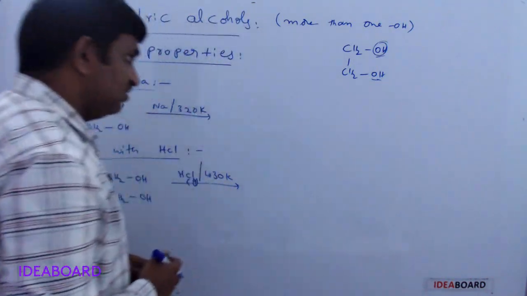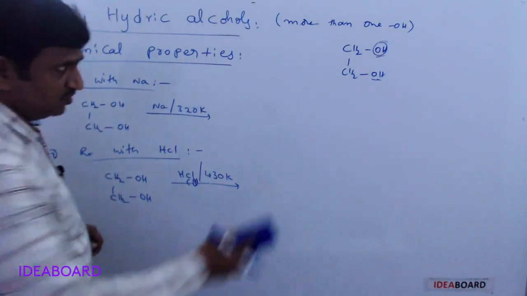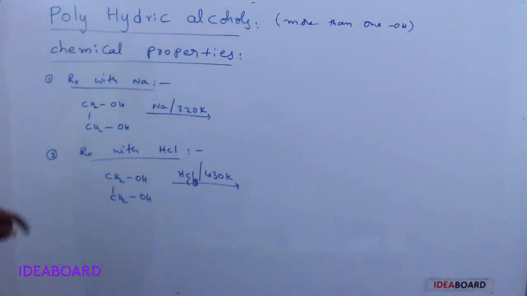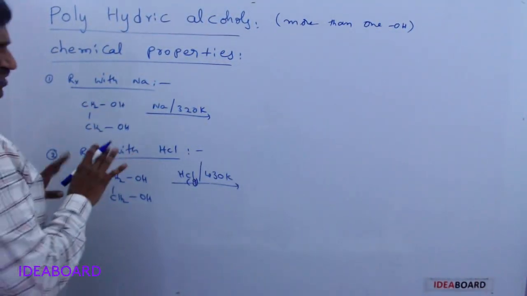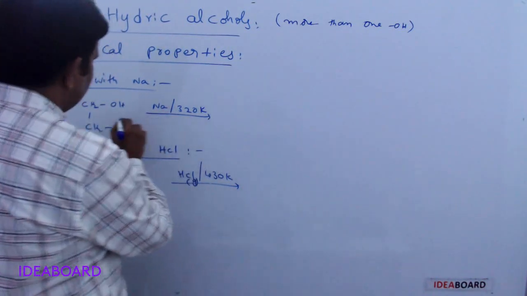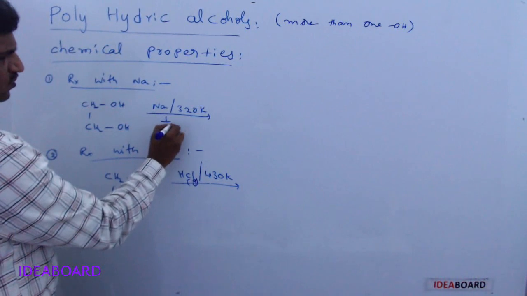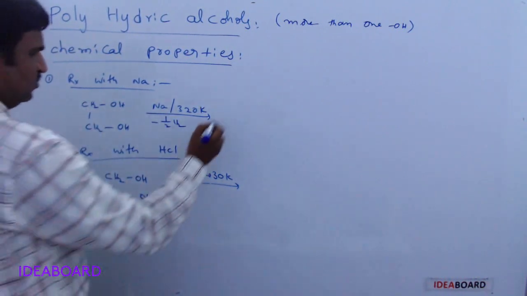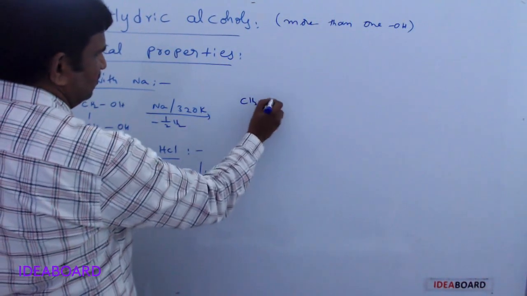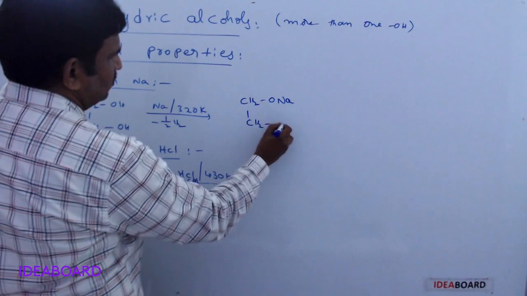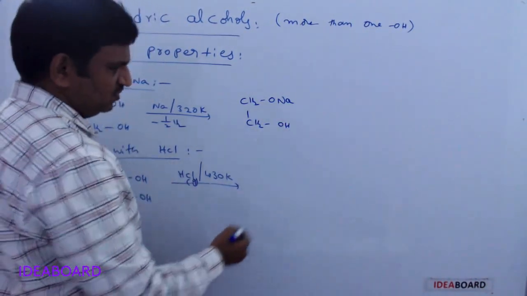In glycol reactions, the second OH group's reactivity is generally slow. First, reaction with sodium: only one OH group is affected, minus half H2, meaning only this hydrogen is removed. What is formed first is CH2ONa, and the second OH group is not replaced.